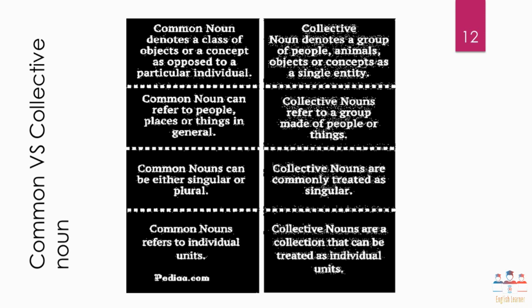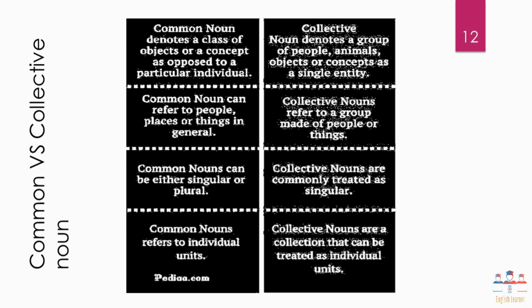Number 2: a common noun can refer to people, places, things in general, whereas collective nouns refer to a group made of people or things. Number 3: common nouns can be either singular or plural, whereas collective nouns are commonly treated as singular.